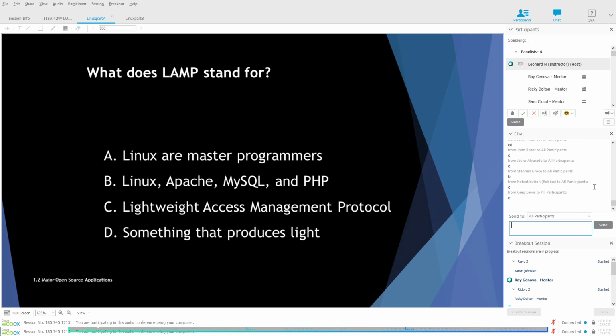So because we didn't talk about this, it's Linux, Apache, MySQL, and PHP. Just means those 4 programs. And they all work well together.